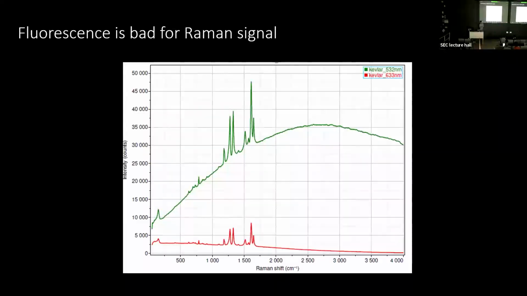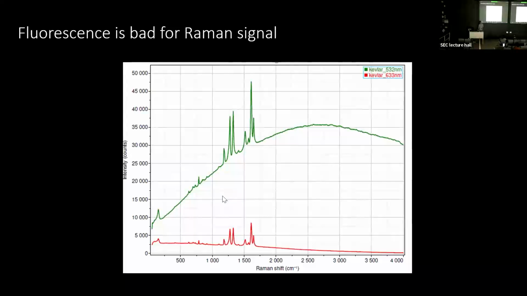So the off resonance in red looks very similar to the on resonance in green, but if you look at it carefully, you can see there are some differences. In this case, it's not a huge difference, but you can get some materials where you get a strong on resonance enhancement of just some of the peaks and not other peaks.